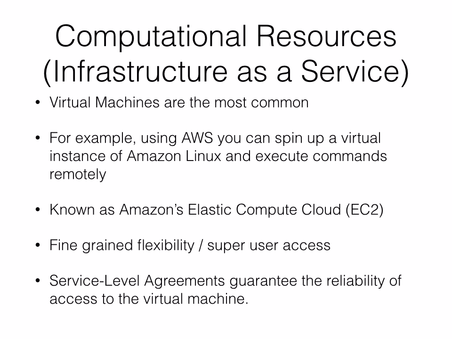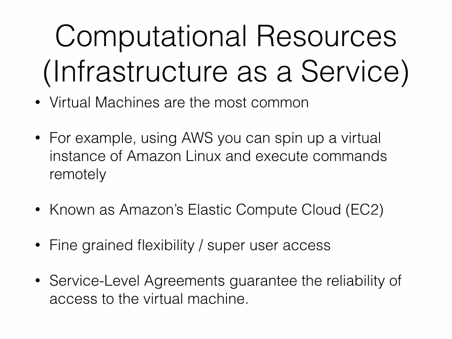So that is infrastructure as a service. The Amazon example that I gave is a very popular service known as Amazon's Elastic Compute Cloud, or EC2. And this really gives you fine-grained flexibility with your computing resources. You can spin up these instances and do whatever you want. You have super user access, you have root level access, you can do whatever you want with those machines.